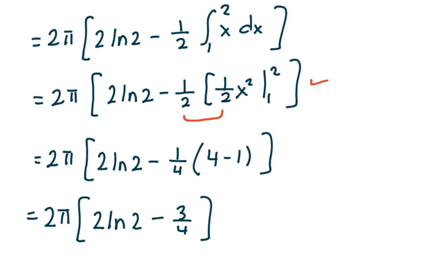So this is 2 pi times 2 natural log of 2 minus 1/4 times the quantity 4 minus 1. And so finally we get 2 pi times 2 natural log of 2 minus 3/4. And that's how we do problem number 5.